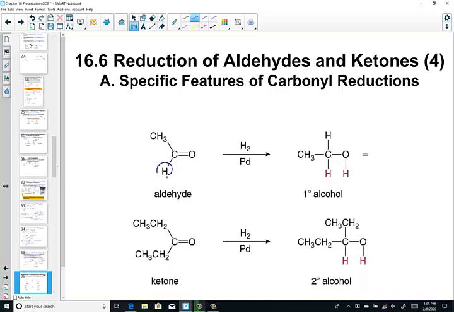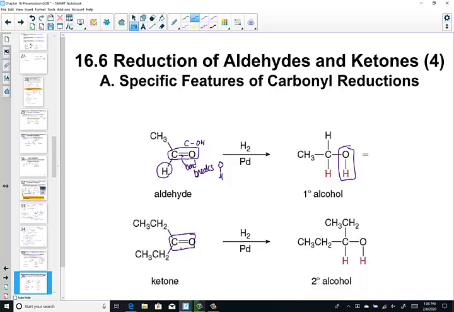Aldehydes have a hydrogen already at the end, right? And so aldehydes turn back to primary alcohols. This carbonyl carbon converts back into a C-OH bond, and it becomes a primary alcohol. So just think about breaking this bond, and then you're adding back an oxygen to hydrogen bond right here. Here is a ketone.